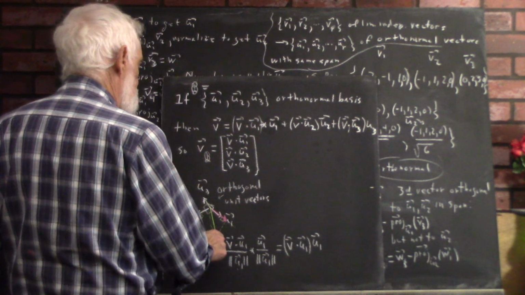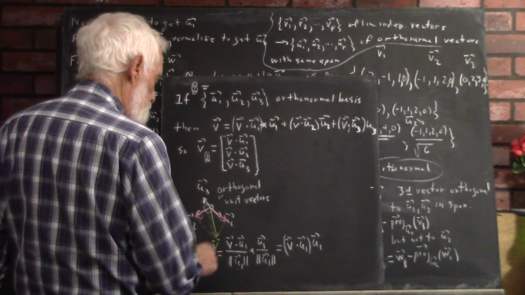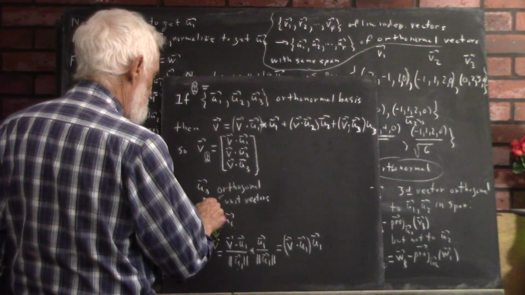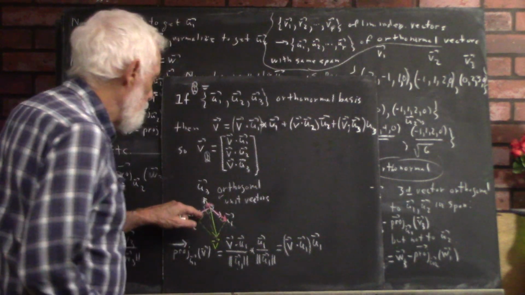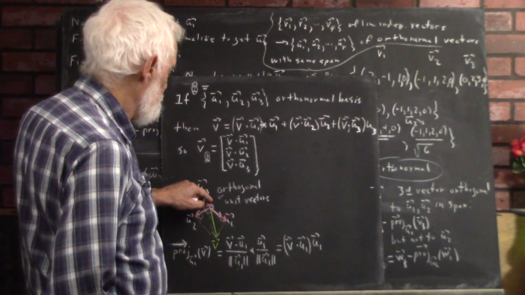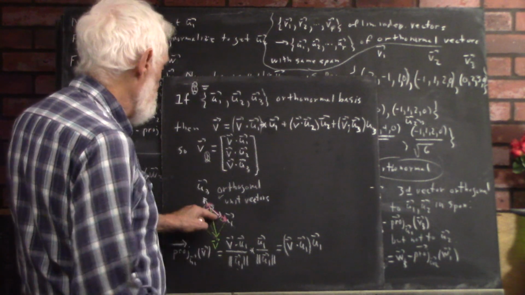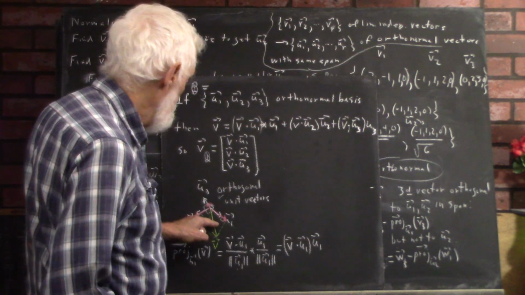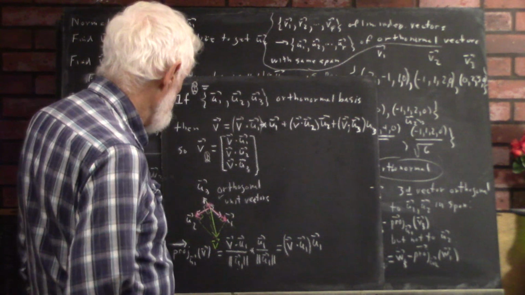Well, you can do the same thing projecting v onto u2. You're going to get this vector, and then you project v onto u3. Maybe you get this vector. This vector plus this vector plus this vector equals v. This vector is v dot u1 times u1, because this vector was u1 before I put the arrow through the label.